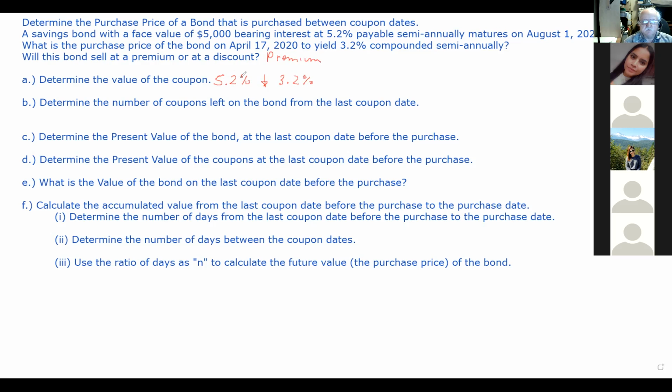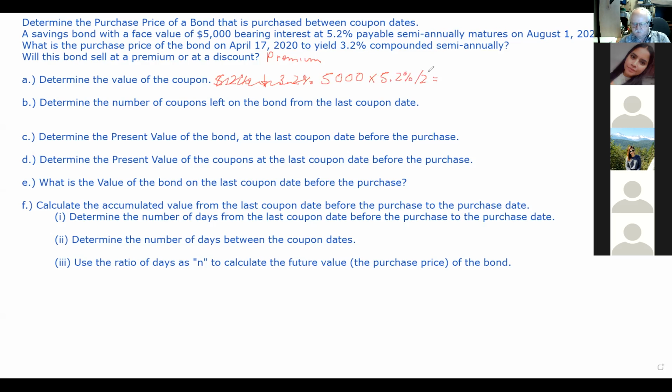So determine the value of the coupon. We don't need this here. What we need to find the value of the coupon is the face value, 5,000, times the rate on the bond, 5.2%, divided by 2 because it's semi-annual.